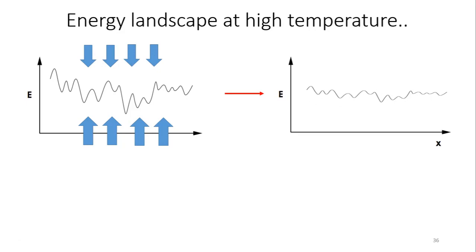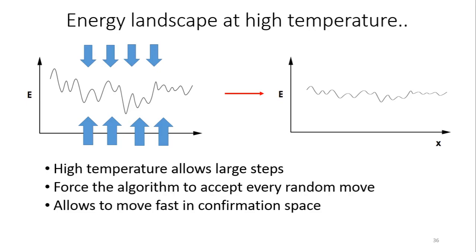So this is the second approach that can be used to reduce the Monte Carlo steps involved in our algorithm. This is what would happen when you increase the temperature: you can move fast in the conformational space.